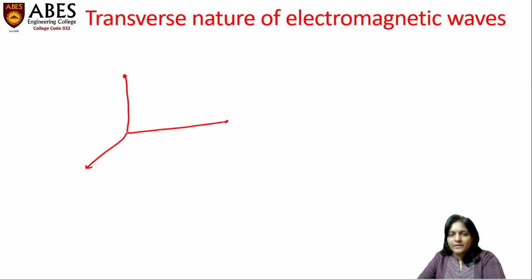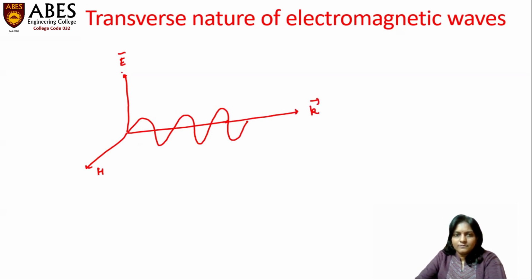In this way, we can show that if this is vector k, this is vector E, and this is vector H, the electromagnetic waves are traveling like this. This is the vector.